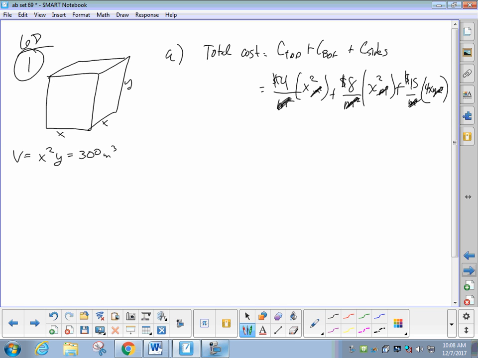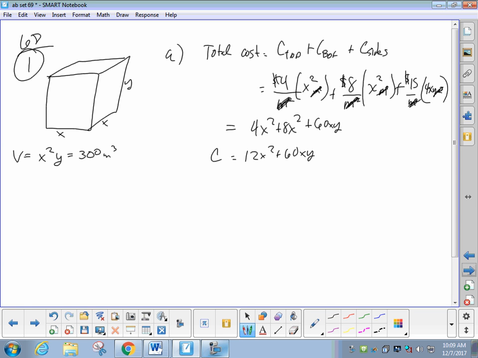If you feel like the units help you, then use them. If you feel like it makes it more complicated, then don't use them. This isn't science. I'm not picky about that. They help me. So simplified, without the units, I get 4x squared plus 8x squared plus 60xy, or 12x squared plus 60xy. I suppose I could factor out next, but I don't know if that helps me.